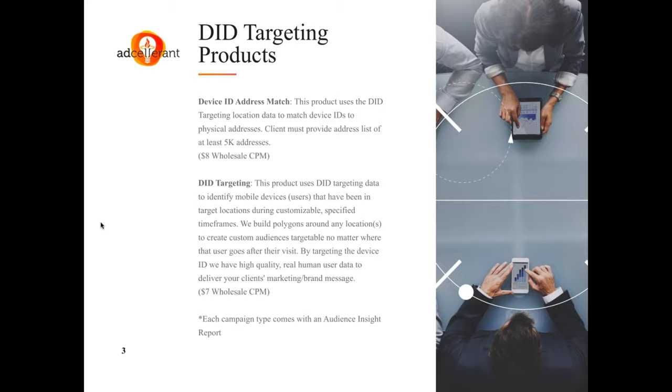I think it's also incredibly important to know that the big difference here is that we absolutely need a list or a CSV file for the addresses that you are looking to target.